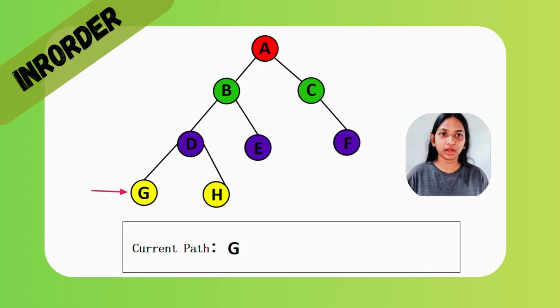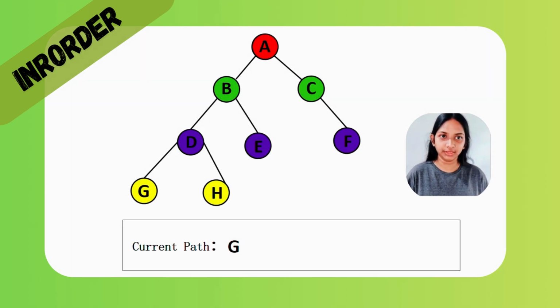Now we move back up from the left child to its parent, that is D. We visit the D house now. After visiting the parent, we check the right side. We find H, then we visit H. Now the whole D team is finished. We move back up to their boss B, since we already finished everything on B's left side.